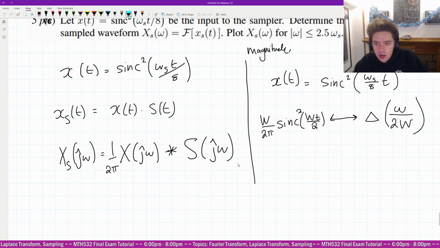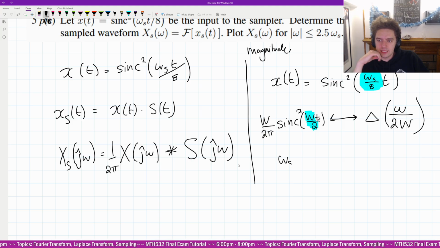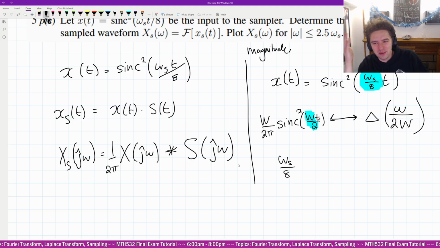Anyways, so let's identify how we're going to do this. The way I like to do it is to say, looking at my thing here, W s over 8, the thing multiplying the t, is equal to W over 2. That's true for matching statements here. So I can solve for W here.